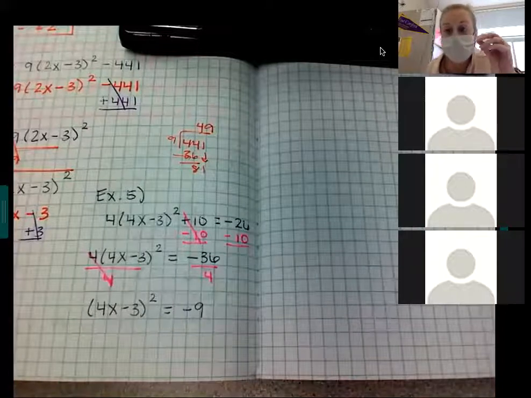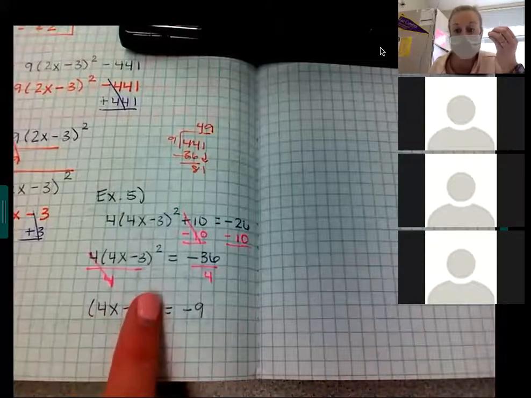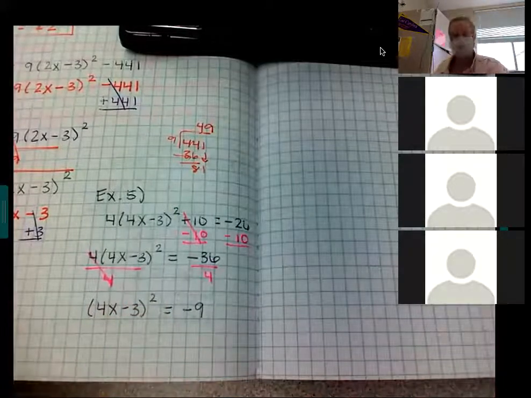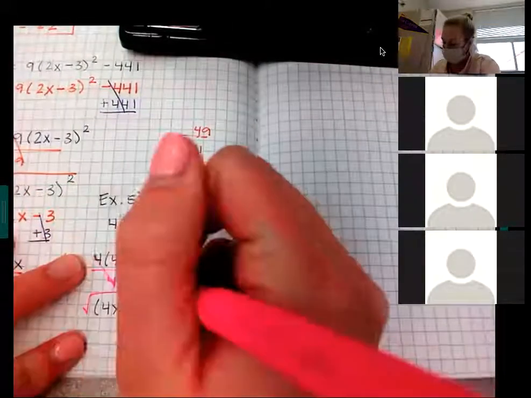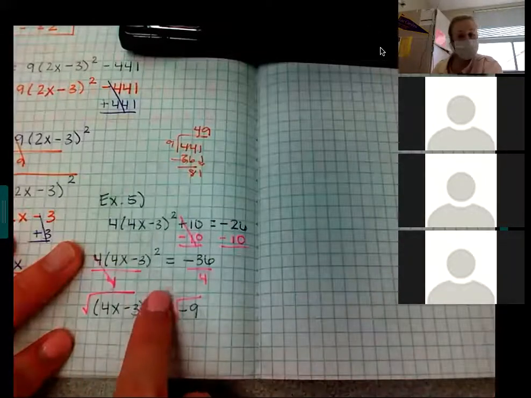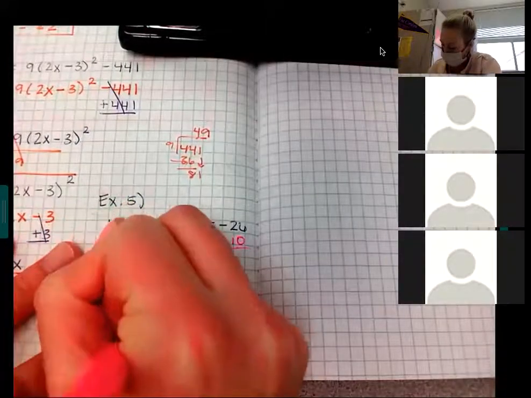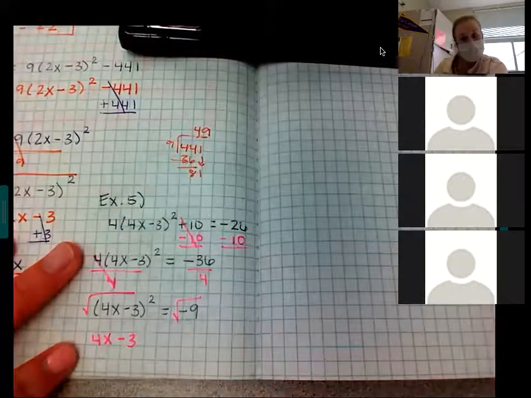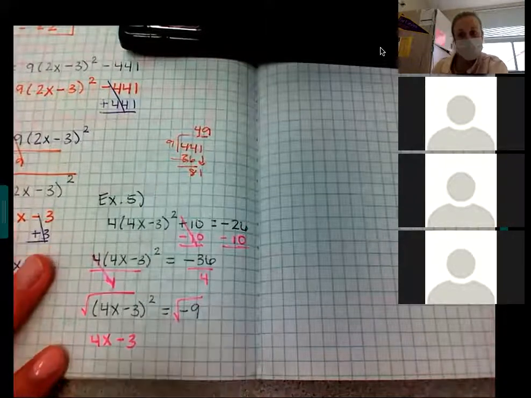So y'all listen, whenever you get the squared term by itself, when you have everything and it's just squared, that's when you have to go take the square root. So I'm going to square root both sides. The squared and the square root will cancel. So do y'all agree this is just 4x minus 3? Yes.